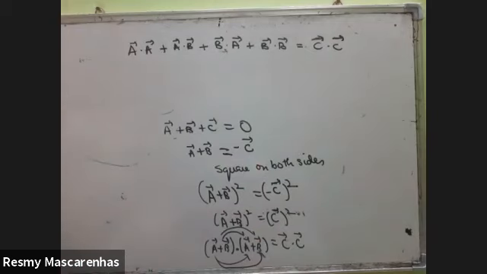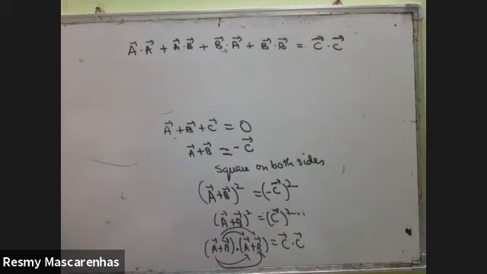So 144, 60, 120 cos theta, 120, this will give me 169, 120 cos theta. 169 minus 169, that is 0.